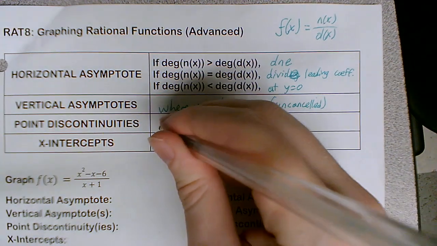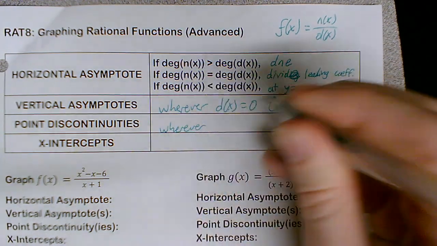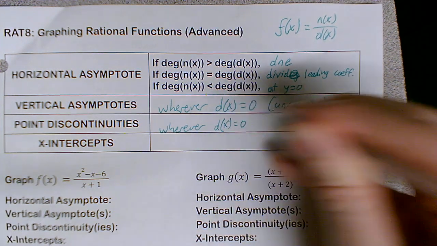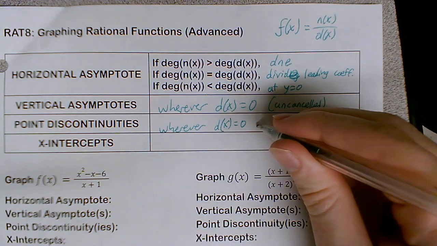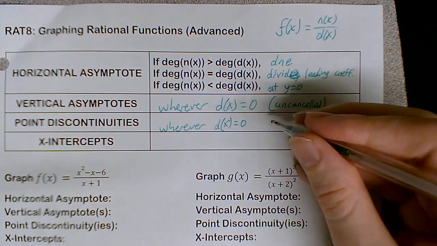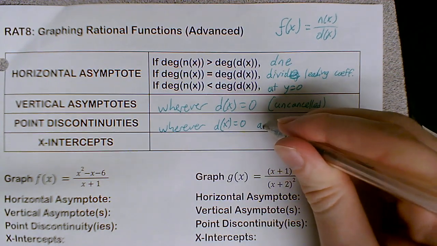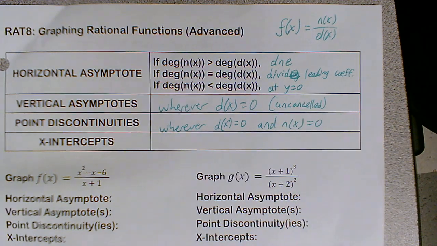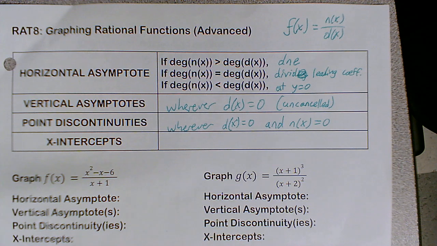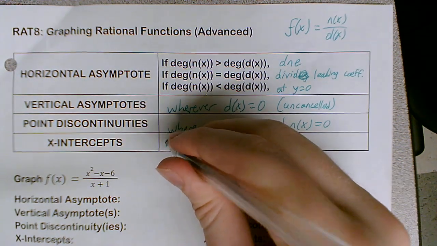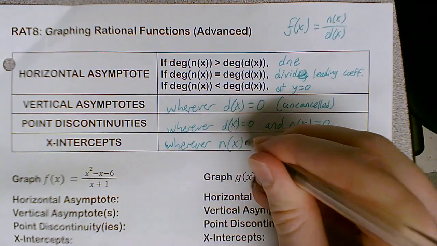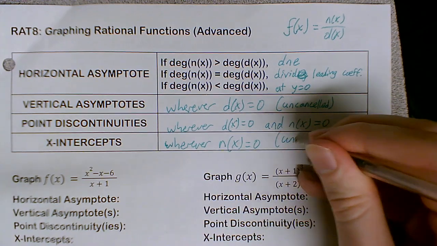If it cancels out, then wherever the denominator equals 0 and the numerator equals 0, that causes a point discontinuity, also known as a hole in the graph. And lastly, an x-intercept is caused by the numerator equaling 0 uncancelled.